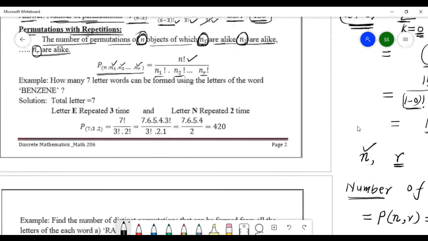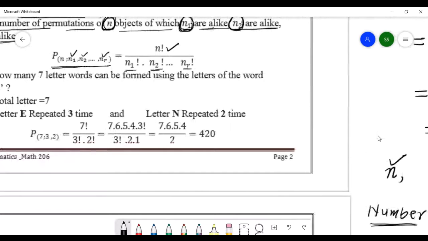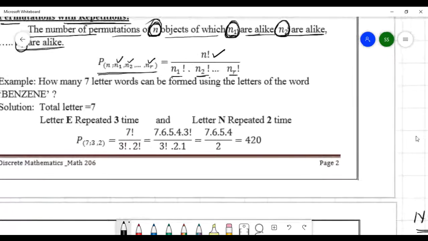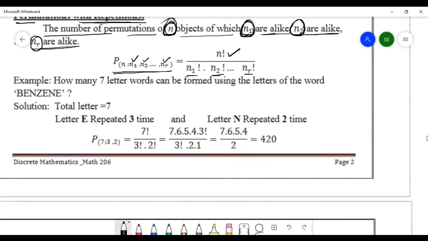You can see here what is the meaning. You will understand here. See this question. How many 7-letter words can be formed using the letters of the word benzene?